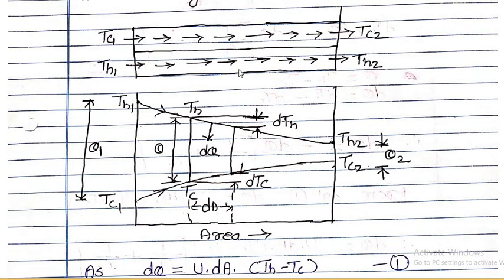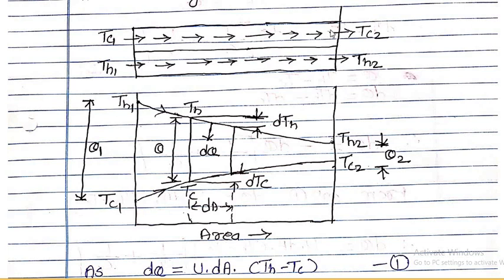Now we have to draw the typical temperature distribution diagram for the parallel flow arrangement. Here we are considering temperature on the y-axis, and on the x-axis we are considering the area. At the inlet, the temperature conditions are put on this side.